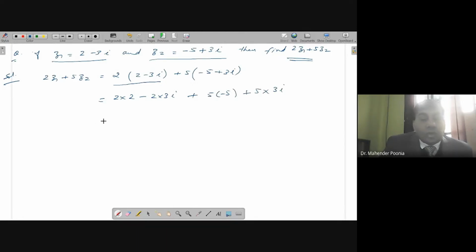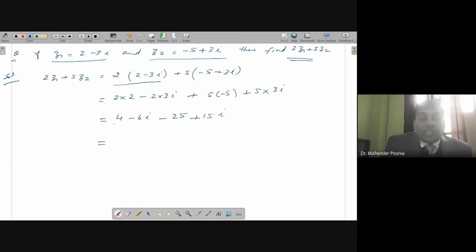Right? Which is equal to 2 into 2 is 4, minus 2 into 3 iota is minus 6 iota. 5 into 5 is 25 and positive into negative is negative, that means minus 25 plus 15 iota.